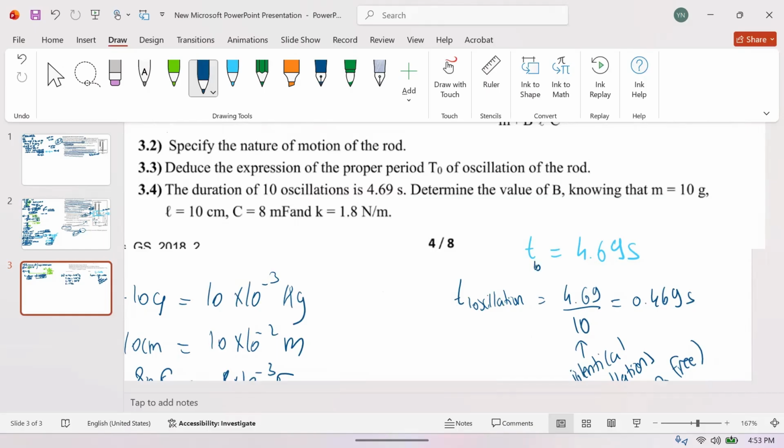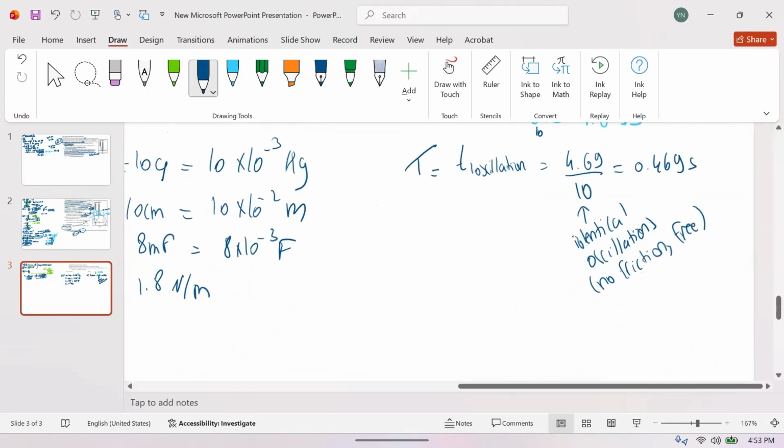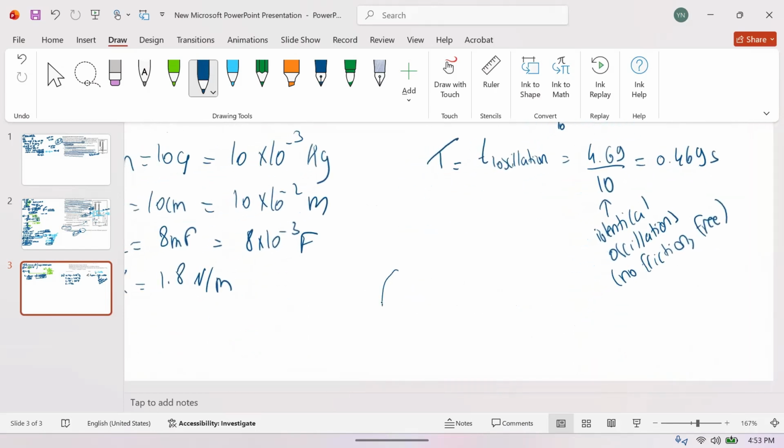T for 10 oscillations is 4.69. The time for one oscillation is the same as the period. If you read your course really well, you know that the time to complete one oscillation, this is what we call the period. Period T.